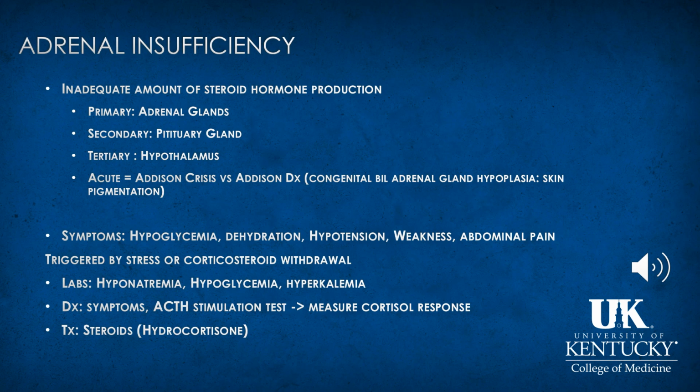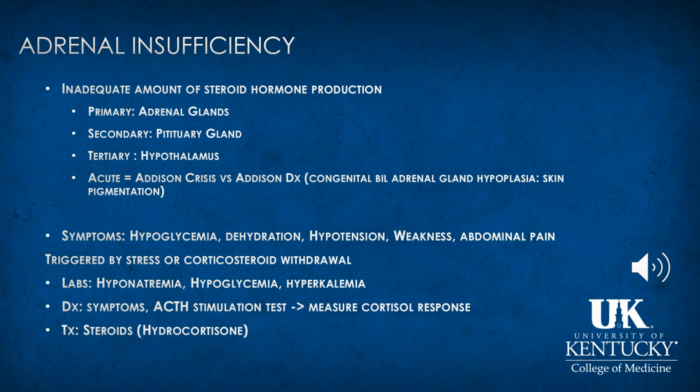It can be triggered by stress as a relative inability to produce sufficient amount of steroid hormone, or, and that's where the stress response and stress dose of steroids comes to light, corticosteroid withdrawal, meaning not replacing the exogenous amount of steroids the patient is used to. The laboratory values or the hallmarks you're looking for with adrenal gland insufficiency are hyponatremia, hypoglycemia, and hyperkalemia.